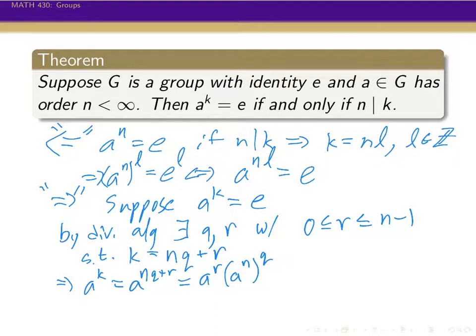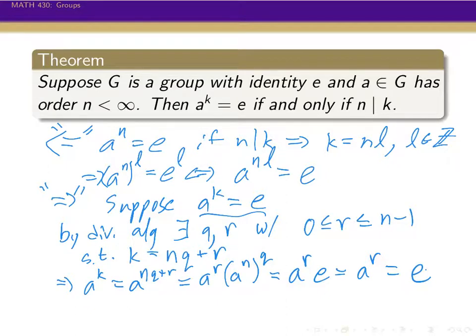Now, since n is the order of a, a to the n is going to be the identity. And if I raise that to itself q times, I still have the identity. So this is just a to the r times the identity, which is just a to the r. So whatever a to the k is, it's going to be the same thing as a to the r. But we supposed that a to the k is equal to the identity.